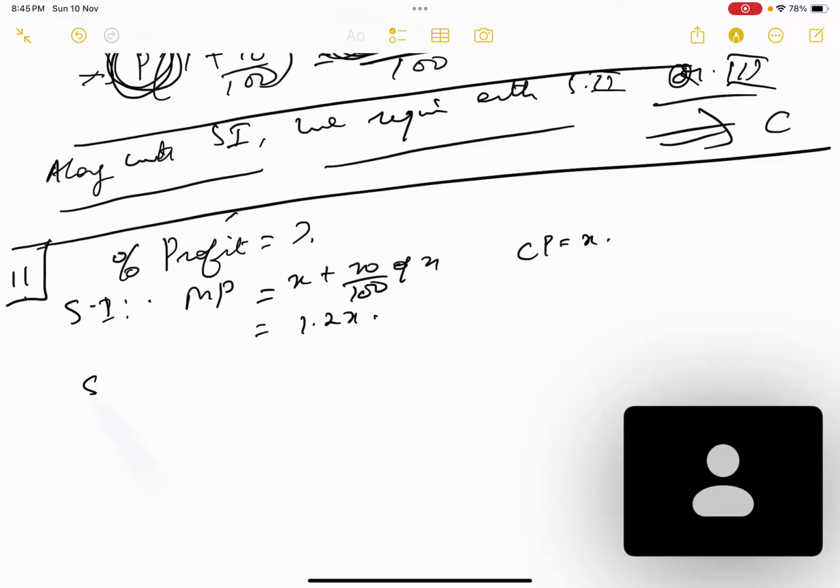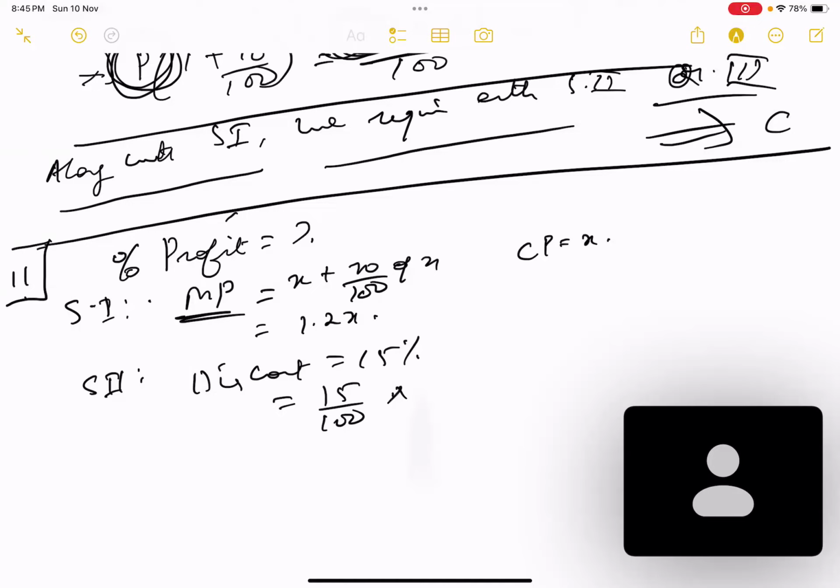And statement 2 says that a discount of 15% on the mark price was offered. So discount is equal to 15%, so from the mark price, the product was discounted, right?